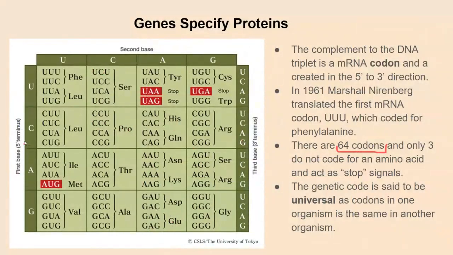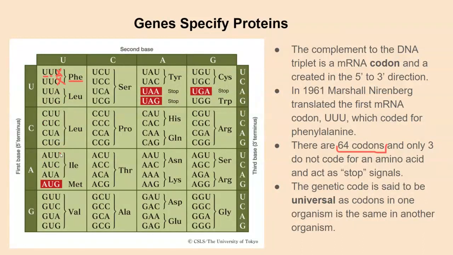You notice that for the first base pair, we have U here, and then we will go to the top and find the second base pair, which is U, and then we will go to the side and find the third base pair, which is U. If this third base pair has a mutation, we probably will still get the same answer, unless the mutation is really bad, and then we'll get a different answer.